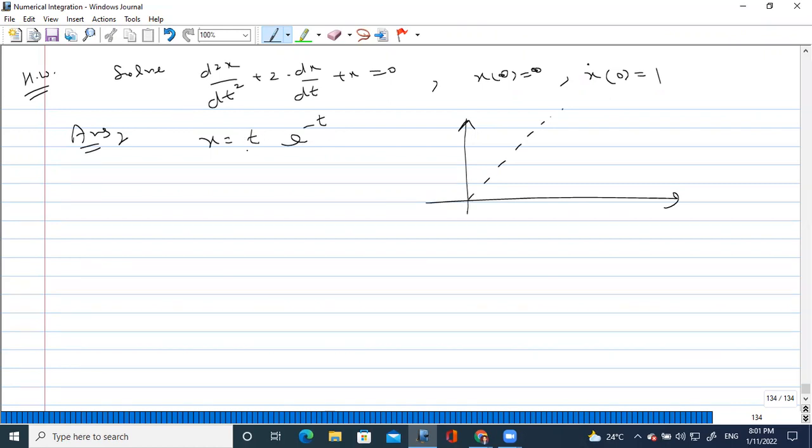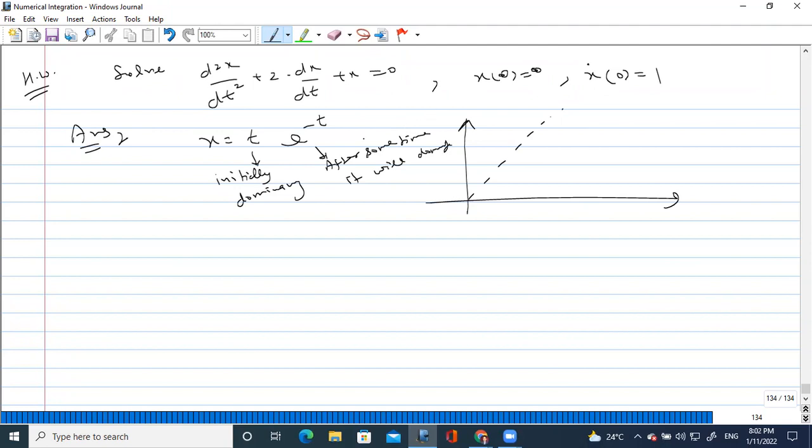Initially the t term is dominating; afterward the exponential will dominate, because it gets more power value, like 1 by t square, 1 by t cube.